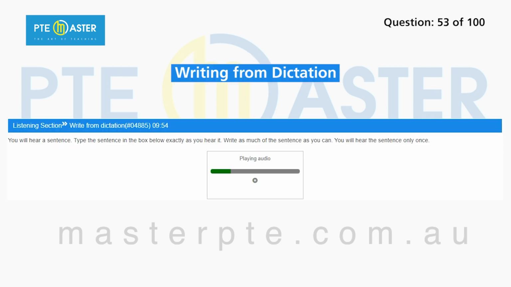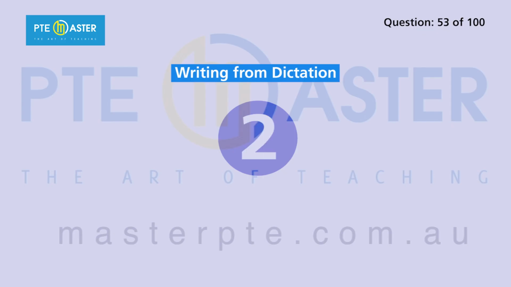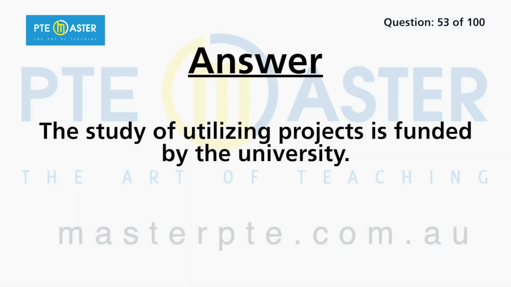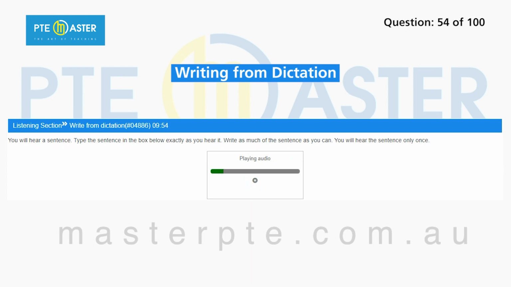The study of utilizing projects is funded by the university. Many universities are continuously expanding postgraduate education's online learning resources.